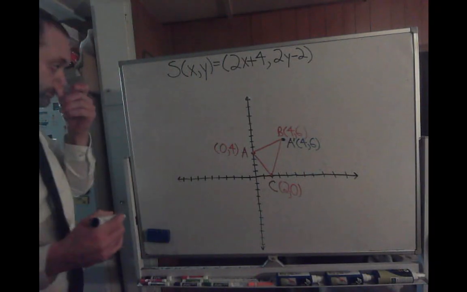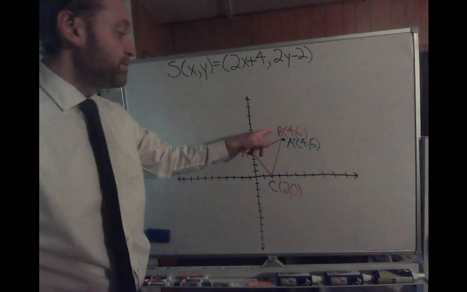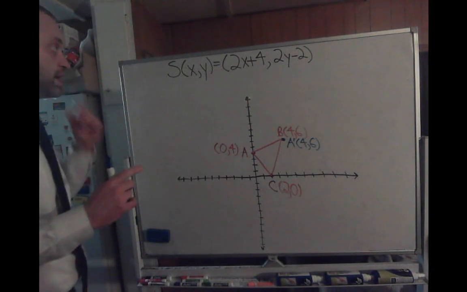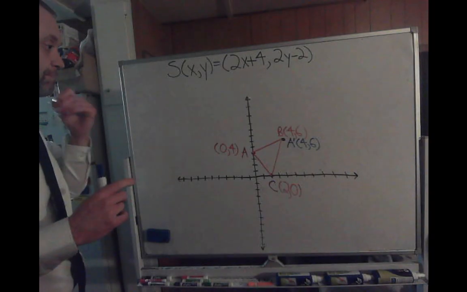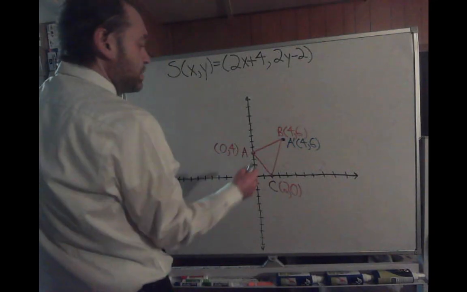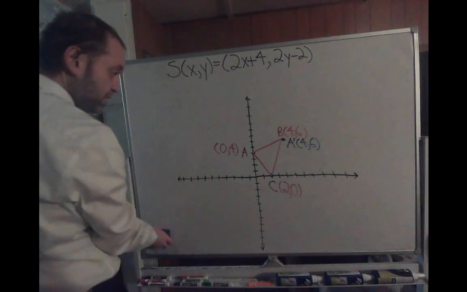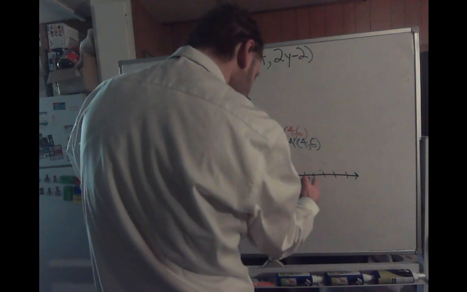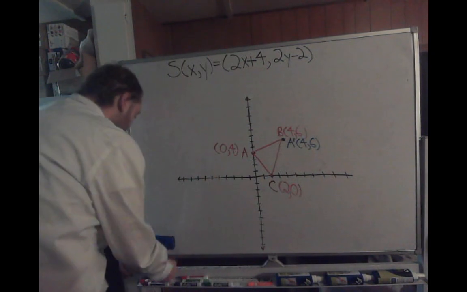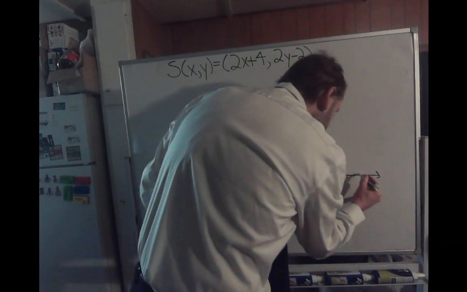All right. Now, let's find B prime. So we got 4, 6. Take your x value of 4, put that in for the x. Well, 2 times 4 is 8, plus 4 is 12. I need to expand this x-axis a little bit more, because we're going to be at 12 for our x.